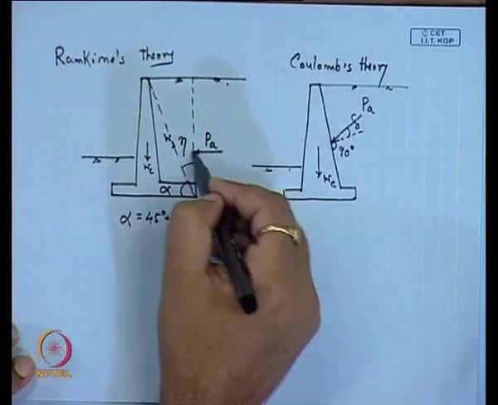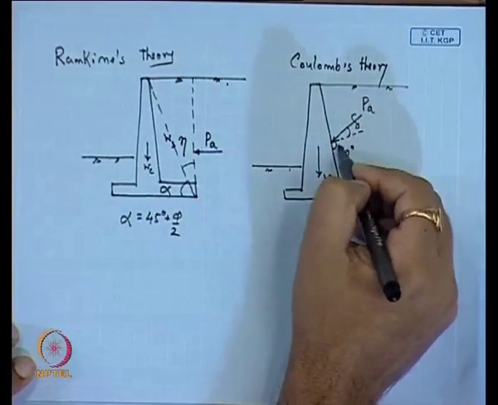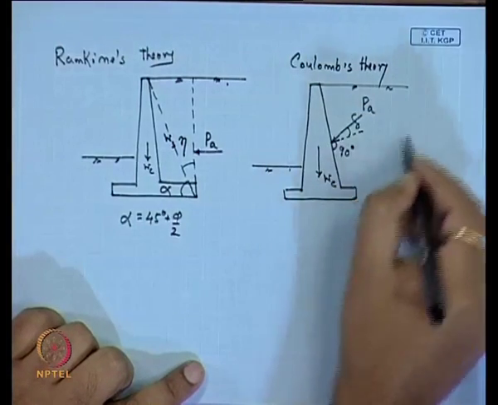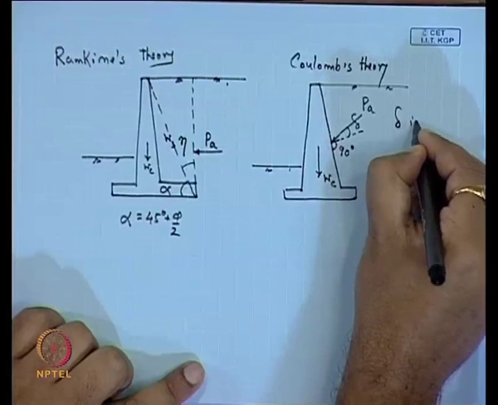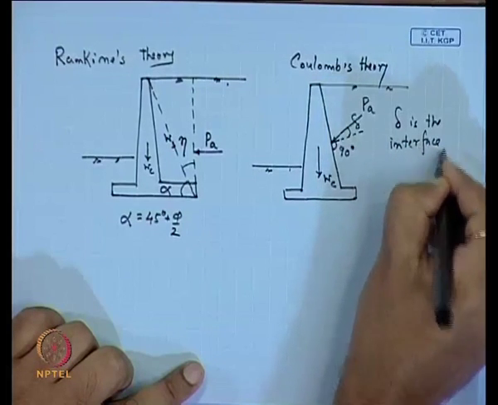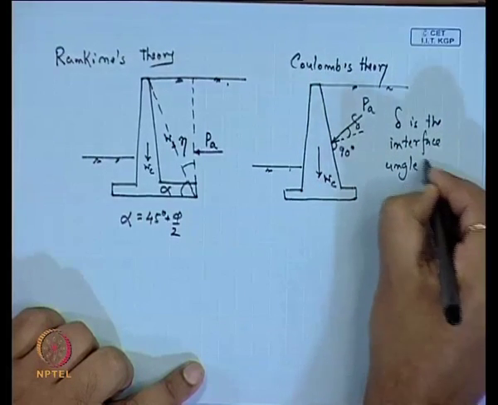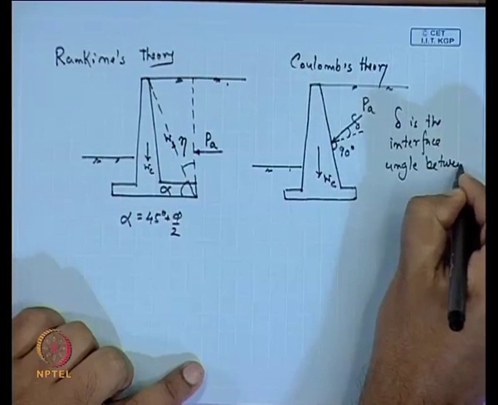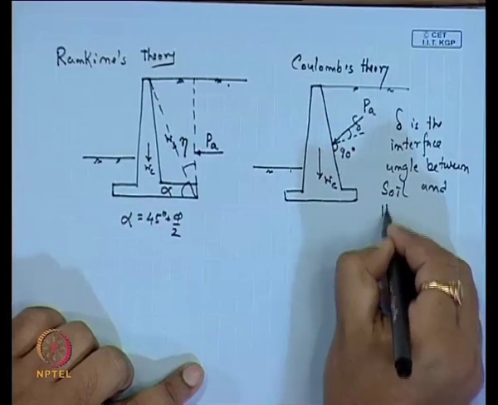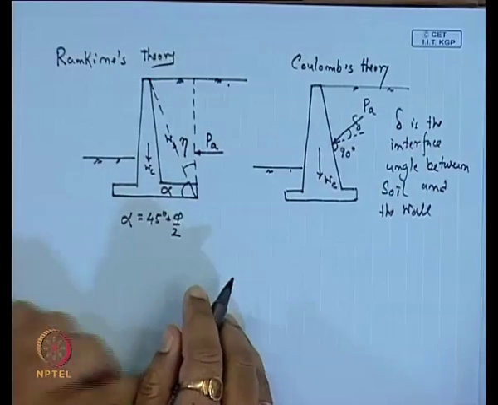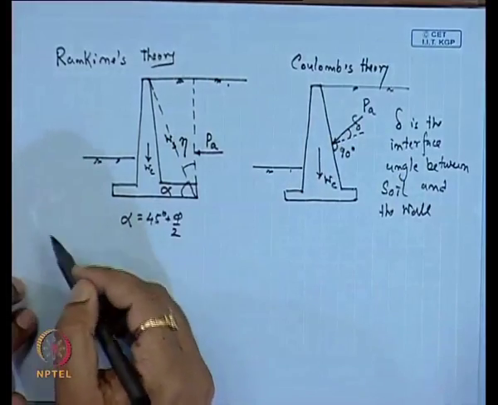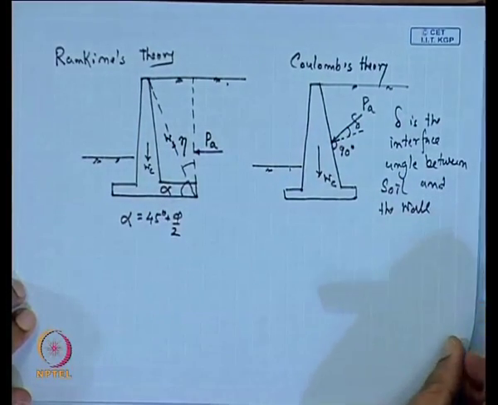Here P A will act parallel to the ground surface, and here it will act along the perpendicular line, making an angle delta, where delta is the friction angle, the interface angle between the soil and the wall. So, these two things we have to remember when we use the two different theories for this analysis.